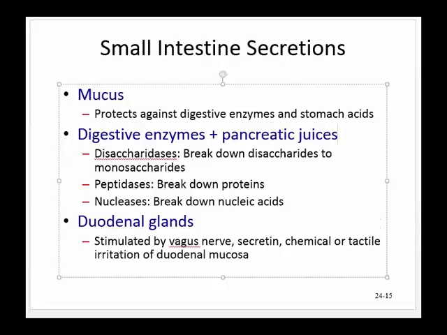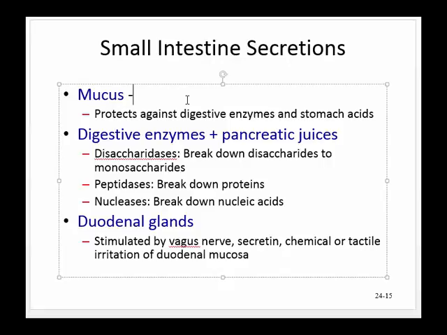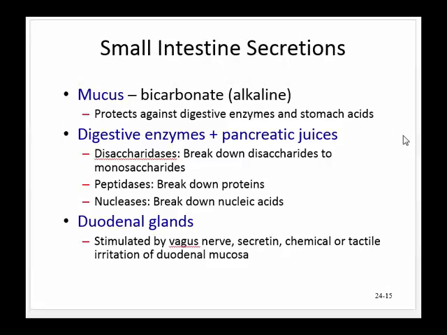There are also small intestine juices that get made. But what the mucus is going to do is, again, to protect the small intestine from the stomach acid and the digestive enzymes. So this is going to be very rich in bicarbonate, which is an alkaline or basic type of mucus that will neutralize the acid.